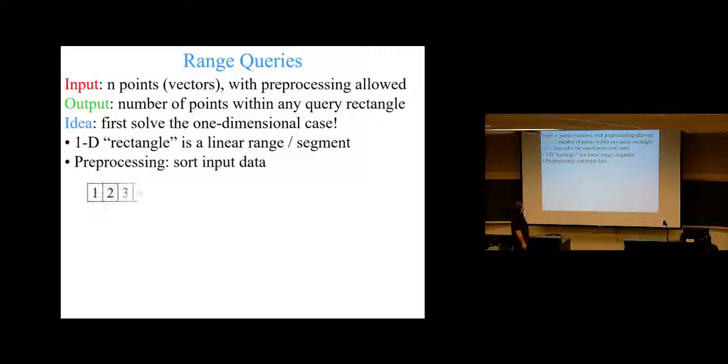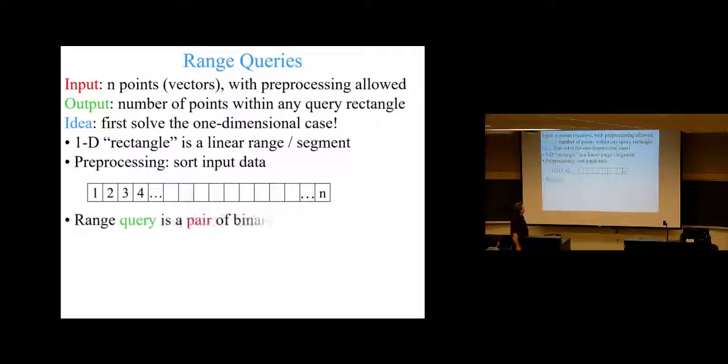So for 1D, you can pre-process the data by sorting it. And once you sort the data, the query range is just a subarray of the entire sorted list of numbers. You want to know how many numbers fall within a certain range. I'm just showing you the indices here, not the values; these are the indices of the array, 1 through n.